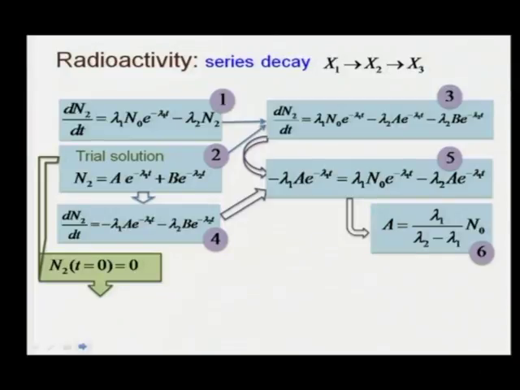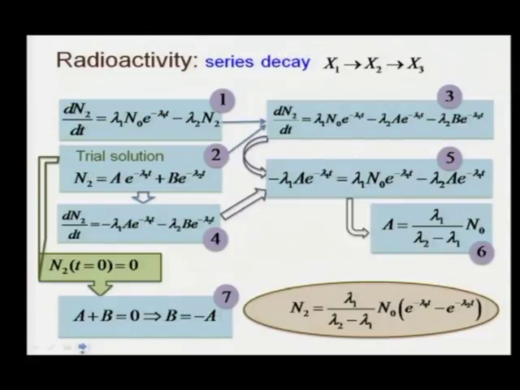So, at time t equal to 0, X2 type of nuclei was not present, which means N2 at t equal to 0 is equal to 0. So, from the trial solution, N2 at t equal to 0 is A plus B, which is equal to 0, means A plus B equal to 0, or B should be equal to minus A.